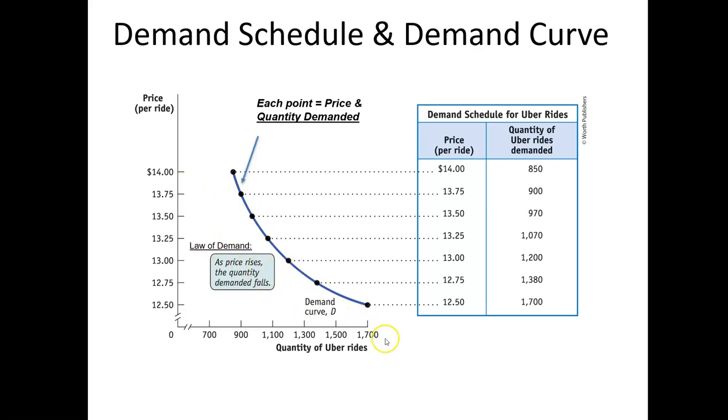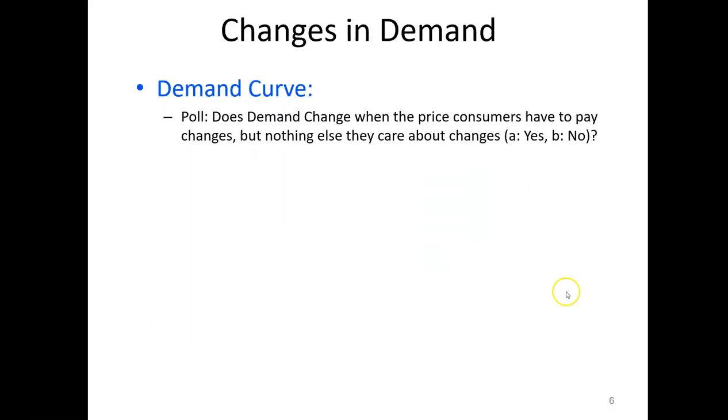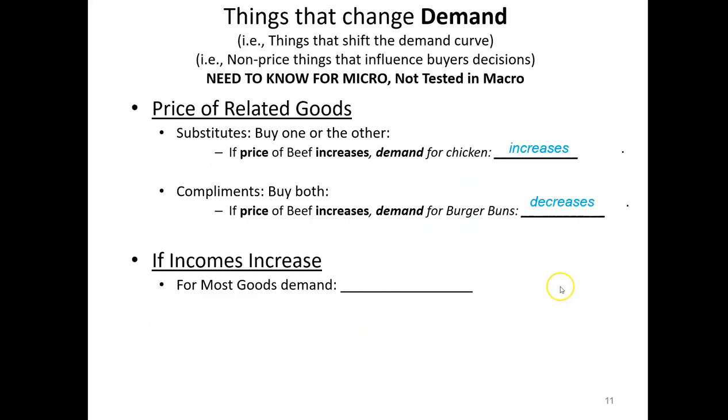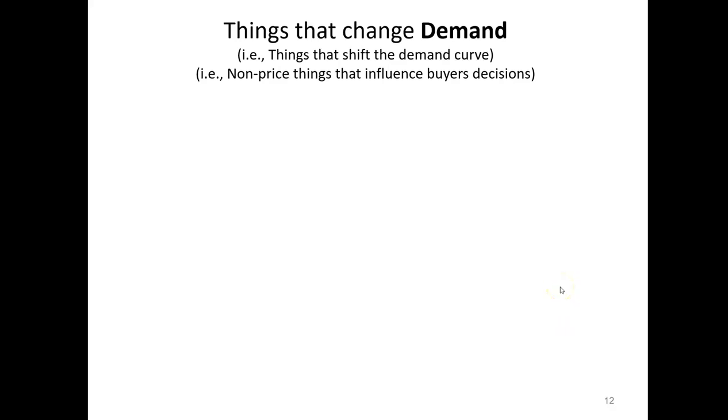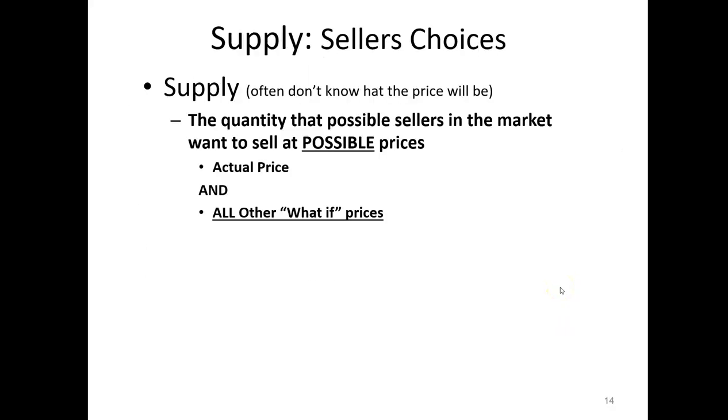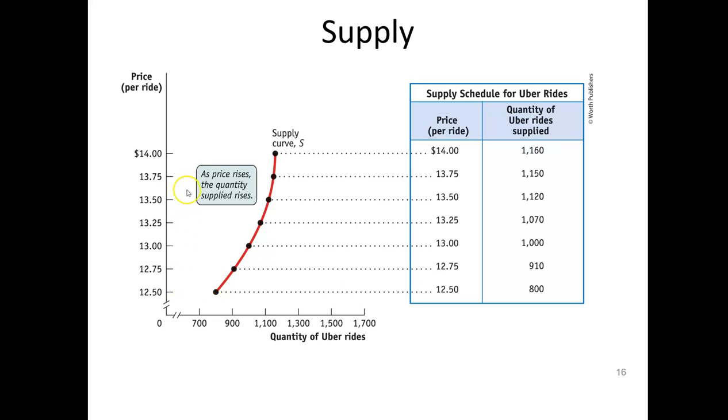So that's why this is a downward sloping thing on demand. High price means quantity is further to the left. Well, the law of supply is the opposite. High price is a good thing for the seller, right? So law of supply: as the price rises, the quantity that they're willing and able to produce, that they can produce profitably, for example, increases.